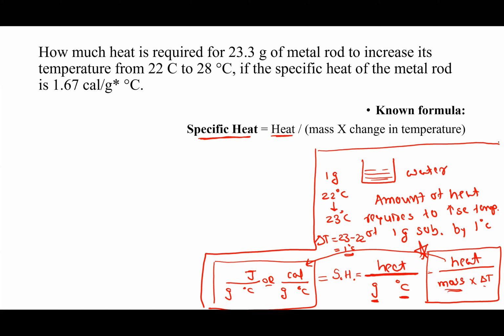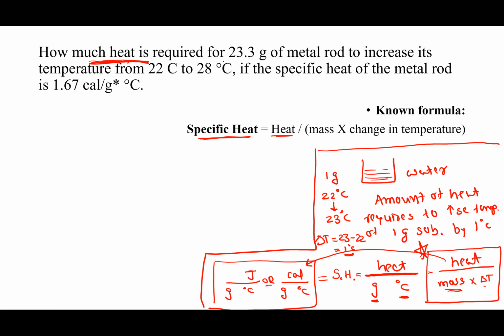The question says, how much heat is required? It means we have to find out heat. When you read the question, it is very important the way you read it. I like to highlight every point that is important and ignore everything else which is not even important to solve the problem. So what we need to find out is heat.